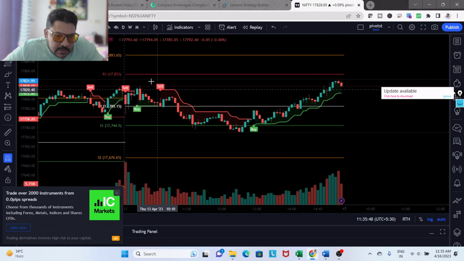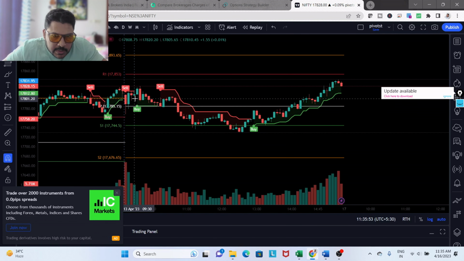If the entry is formed at a sell point, okay, you're getting a sell entry on the first candle, do not directly jump onto it. Just wait for a couple of candles to see if the entry sustains or not, especially at the crucial levels.